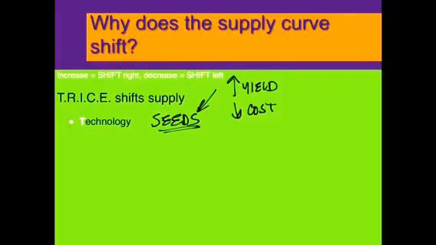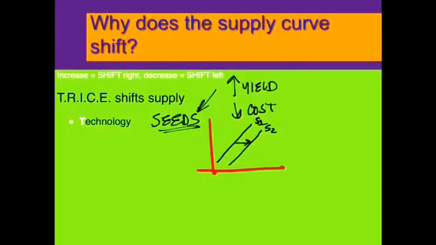If genetically improved seeds end up creating an increase in the supply of corn, then we may have the initial supply of corn looking something like that, but then a shift of the supply of corn to the right.